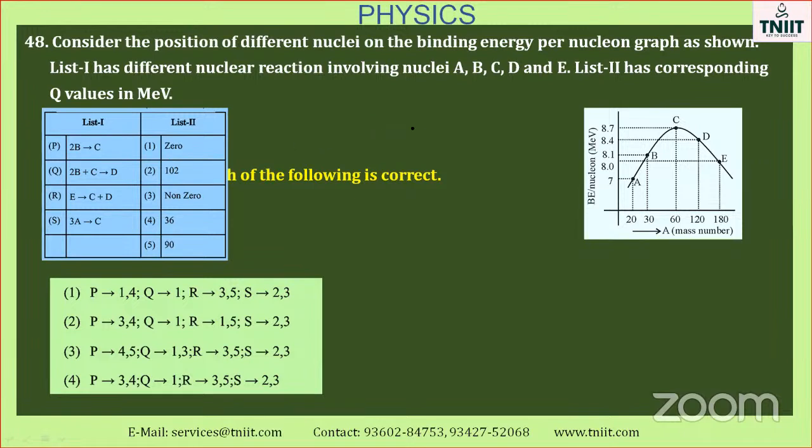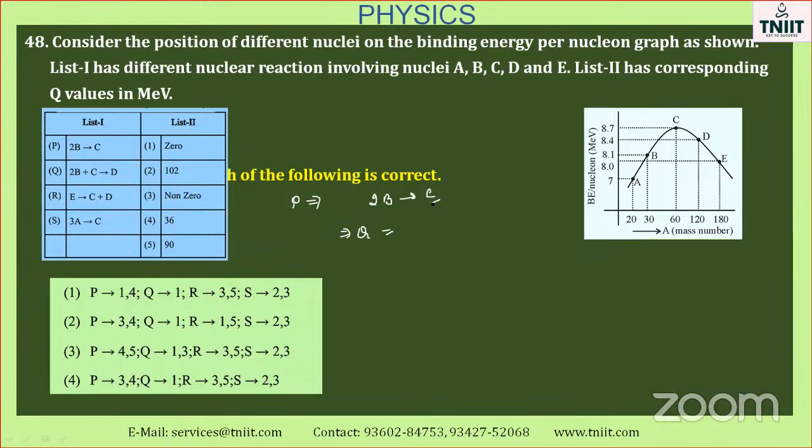This is one binding energy curve. You have to balance this with the A, B, C, D, E options. First equation you can check, P. P reaction is going like 2B is giving rise to C. What is the energy released?